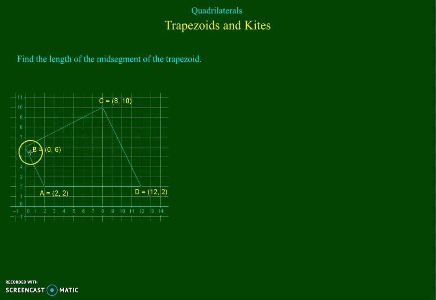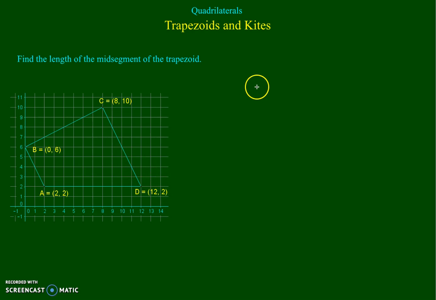So find the midpoint of that leg and the midpoint of this leg and use those coordinates in the distance formula to find the length of that midsegment. Or we can use the midsegment formula and just go straight to the distance formula for this side and this side, add those two values up and divide it by 2. I'm just going to jump in and find the length of AB and DC and see where that leads us.